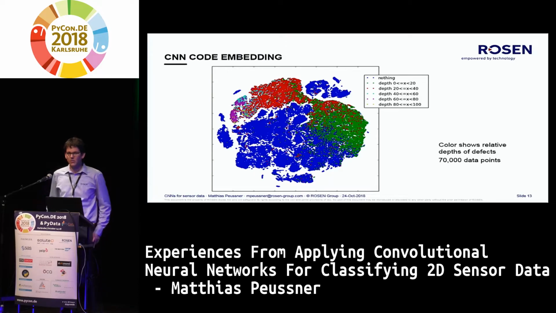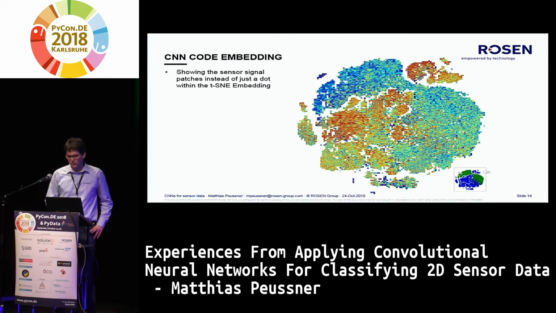So maybe I can also reuse my learned network for a regression purpose, so I can size my defects. That's maybe a nice job. Instead of just painting a dot for each patch, you can really draw the complete small patch at the place.